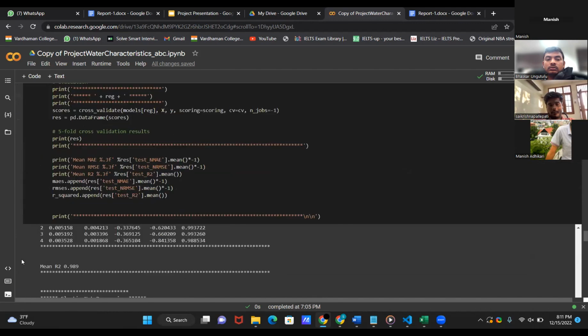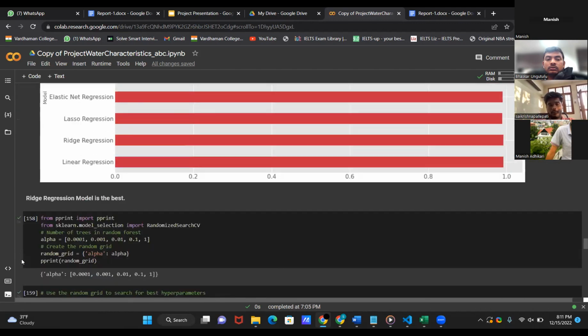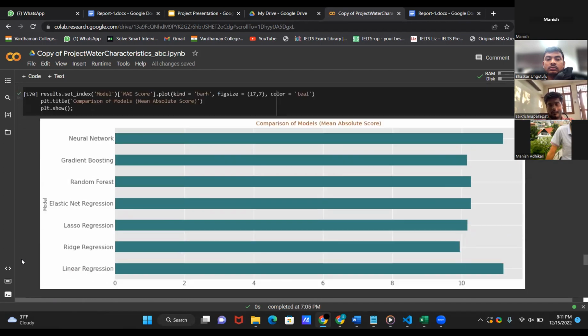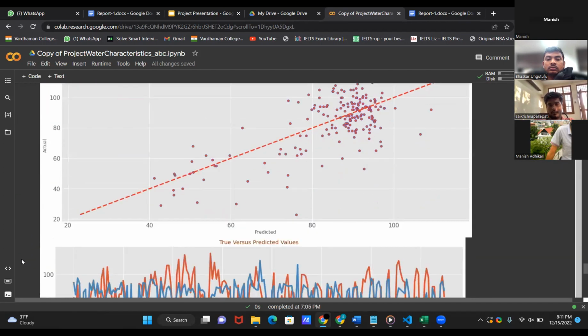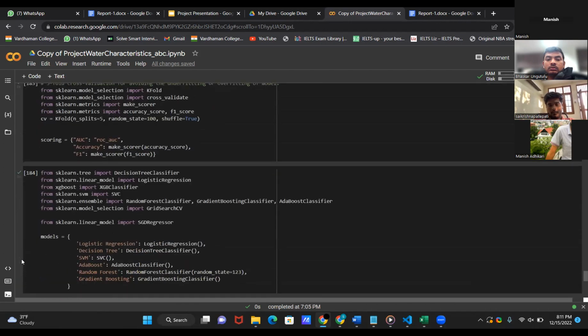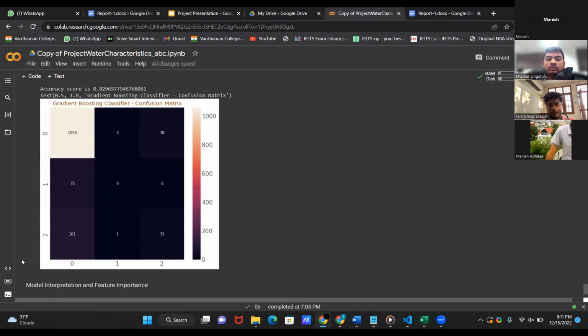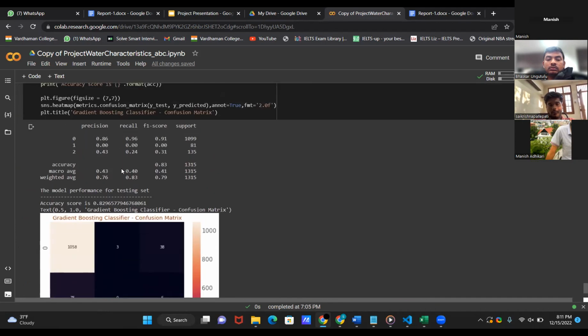Here the confusion matrix is being generated for our predictive model.